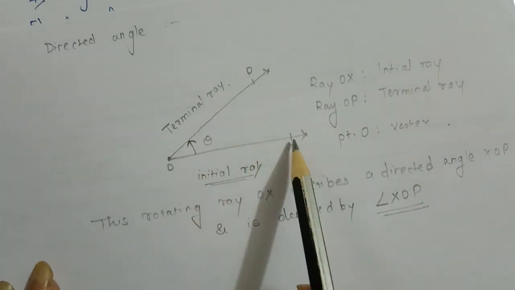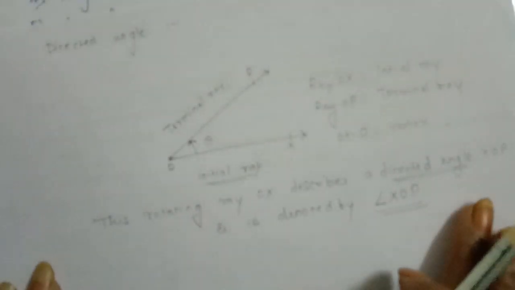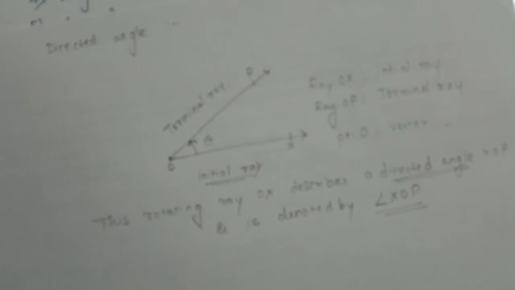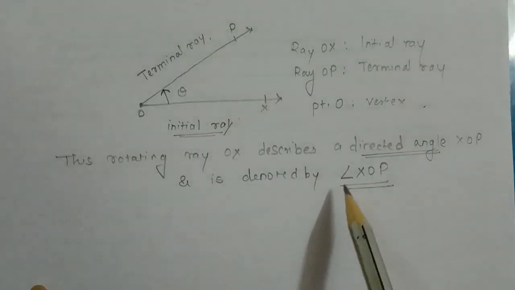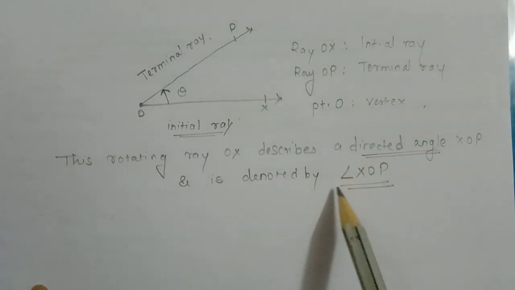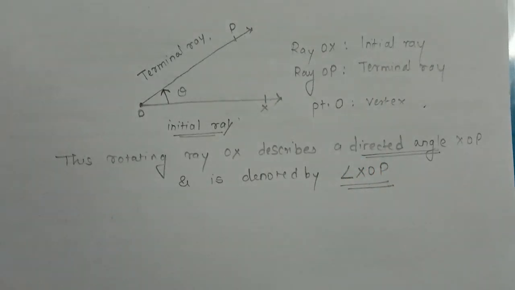So such an angle, that is angle XOP, is known as a directed angle. Is it clear? So this is the directed angle, that is angle XOP.